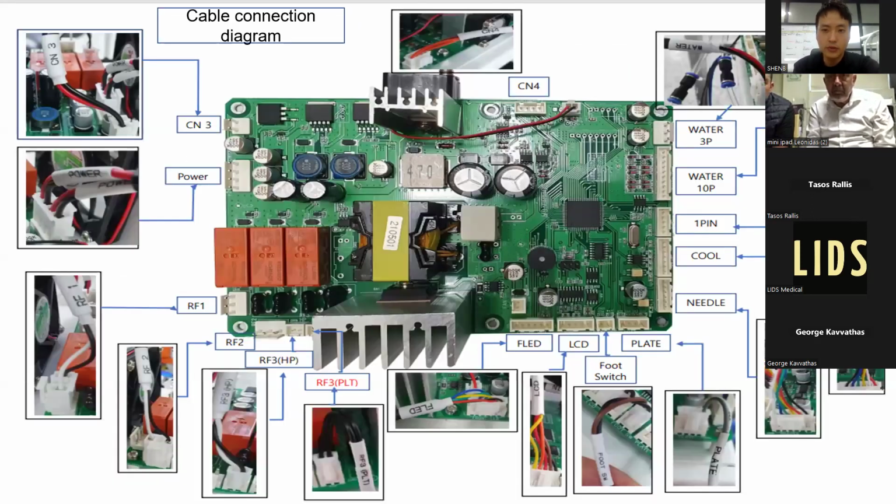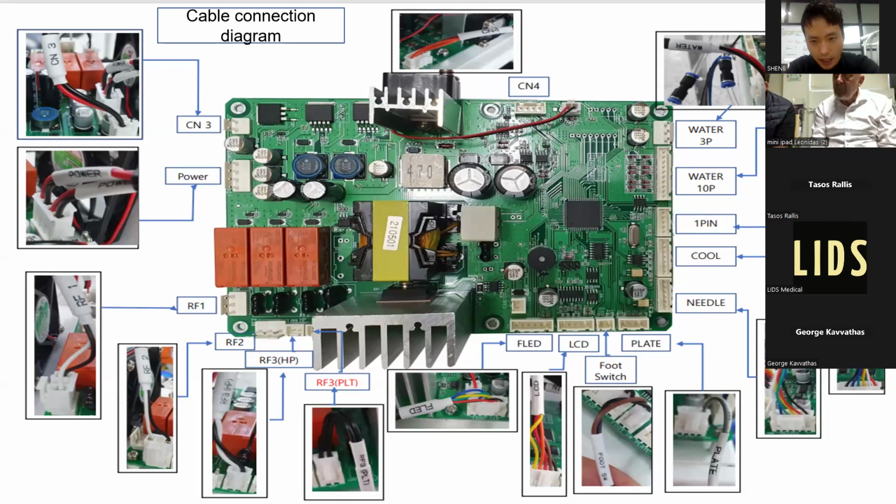This is the photo of the main board. There's not a big chance for us to check all of these connections, because it is all connected firmly and then sent to our clients.